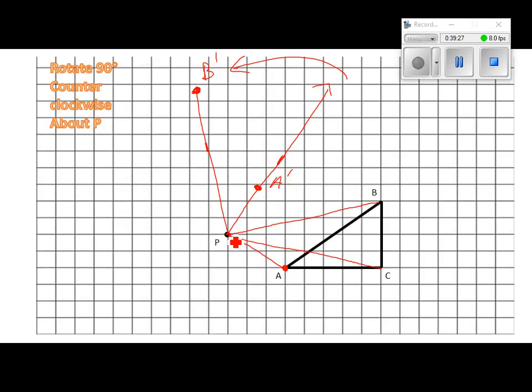I know this gets confusing because you have so many lines on there, so you might make your lines not completely dark. Go up through here somewhere. Then you measure how far C is from P. C prime should be that same distance.